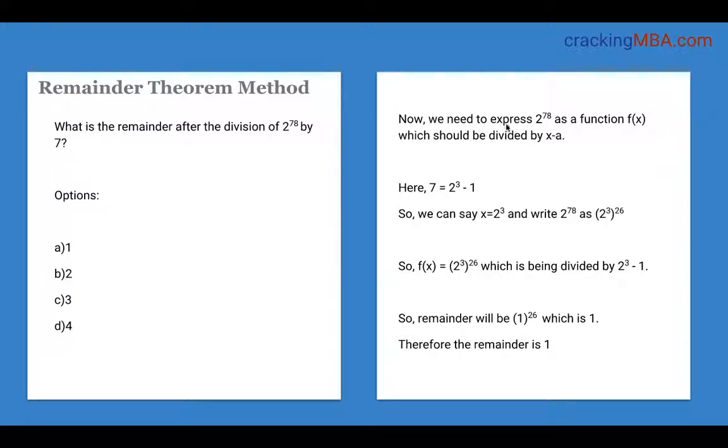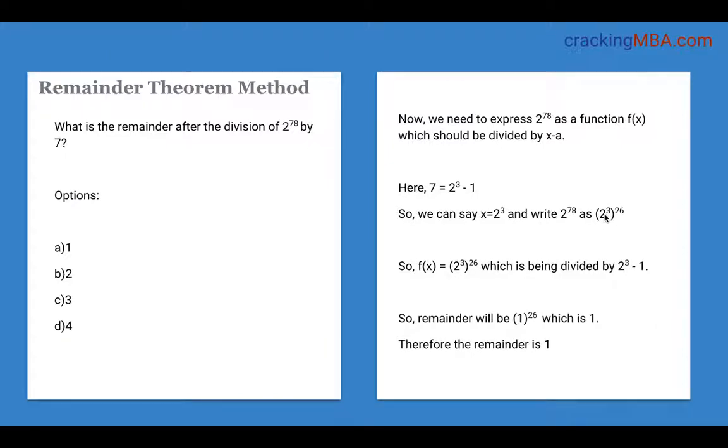Basically 7, which is the divisor, can be expressed as 2 power 3 minus 1. Now if 2 power 3 is the value of x, then 2 power 78 should be represented in the form of 2 power 3. So 2 power 78 is nothing but 2 power 3 multiplied by 26. Now we can replace 2 power 3 with x.